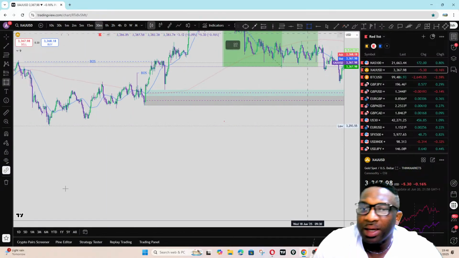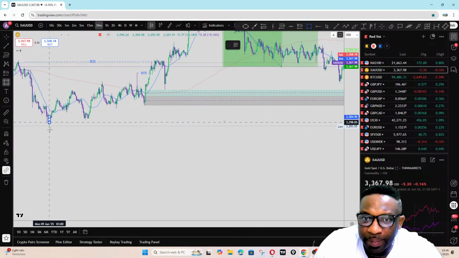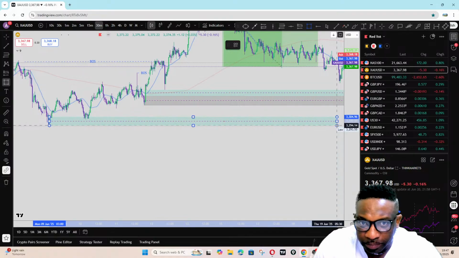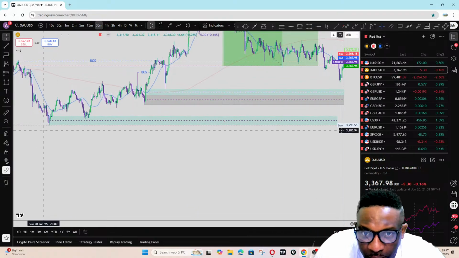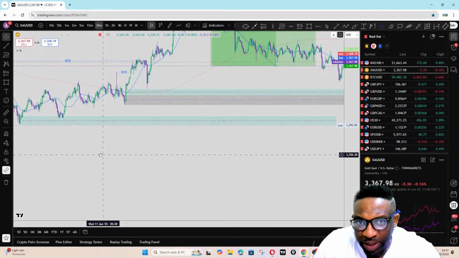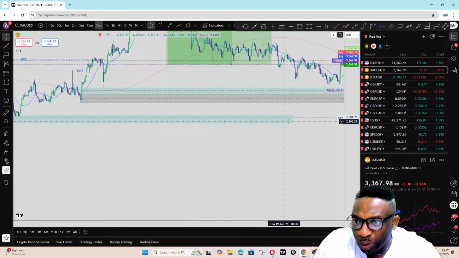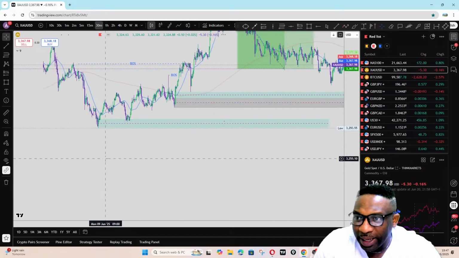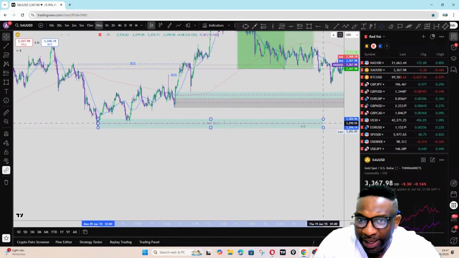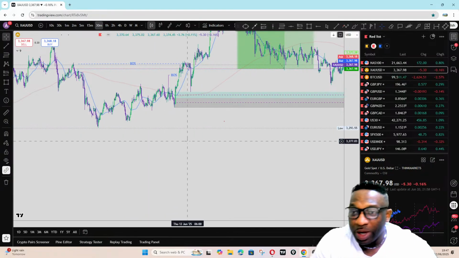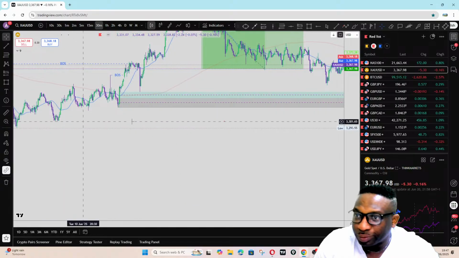So if I mark this area, okay, we had a tap in here. So this one we say it's been tapped in already, but it's now a liquidity area where price gets attracted to.